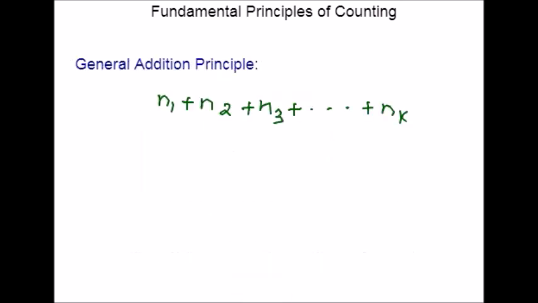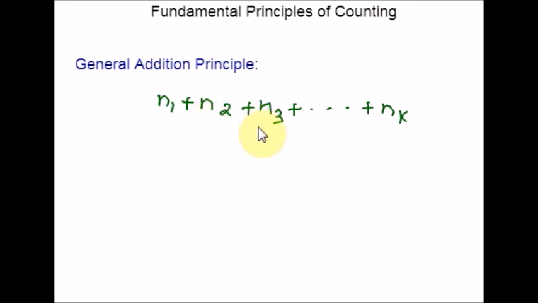Let me give you the general addition principle. Let A1, A2 to AK be the disjoint events with N1, N2 to Nk possible outcomes respectively. Then the total number of outcomes for the event A1 or A2 till AK is N1 plus N2 plus N3 till Nk. Please notice that the events are disjoint here.